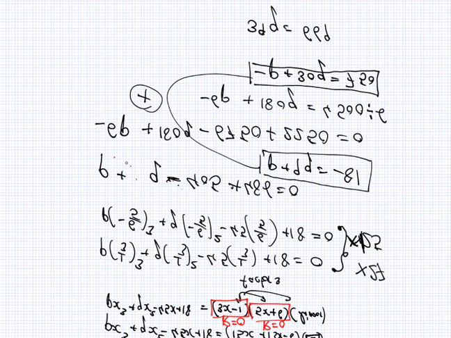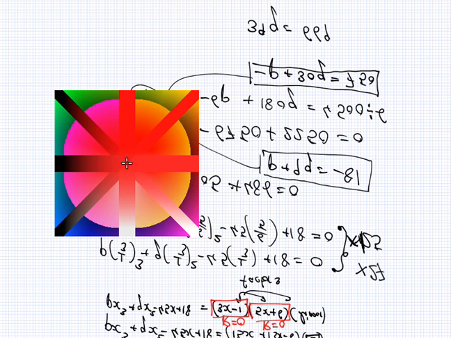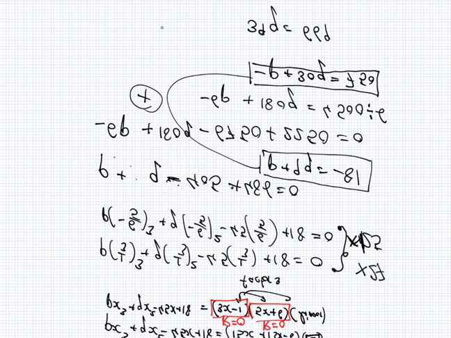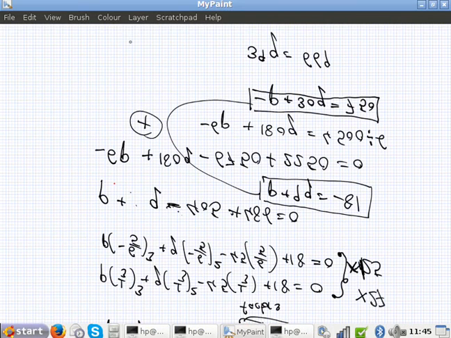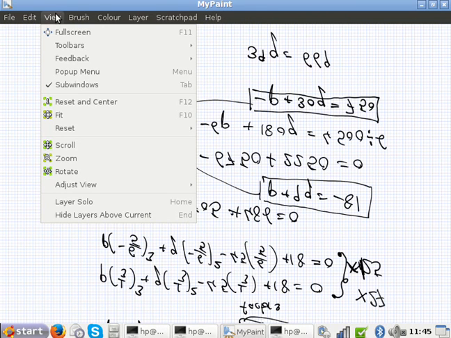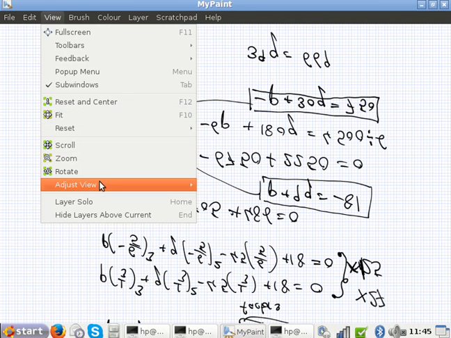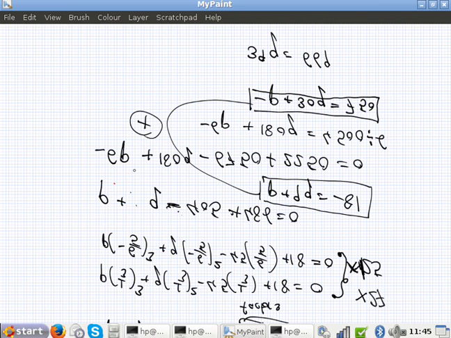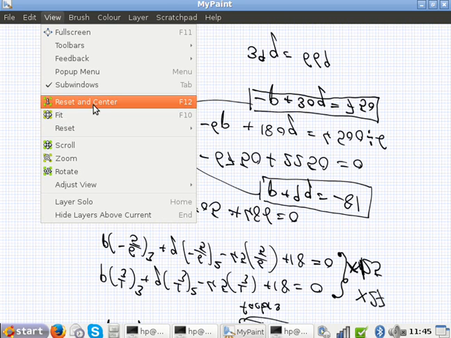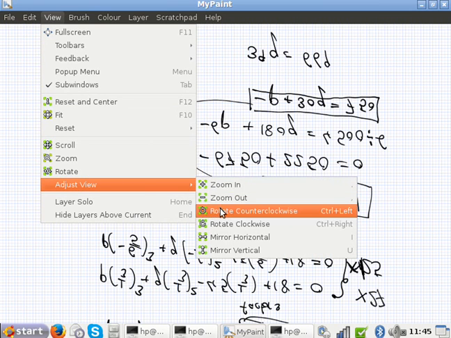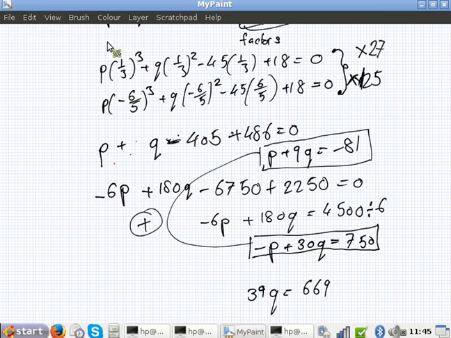What did I press to do that? Control V. No, I don't think Control Z will flip it. Rotate. Go to adjust view. What the heck? Alright, hang on. There we go. Right, don't panic.